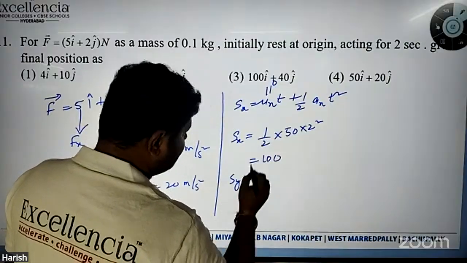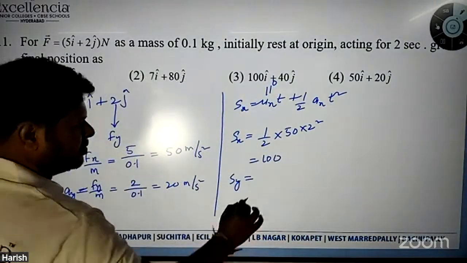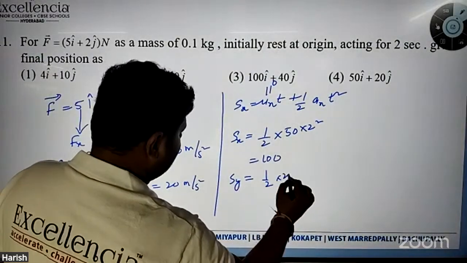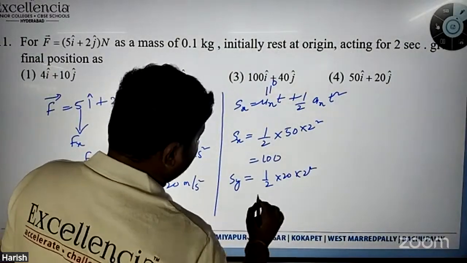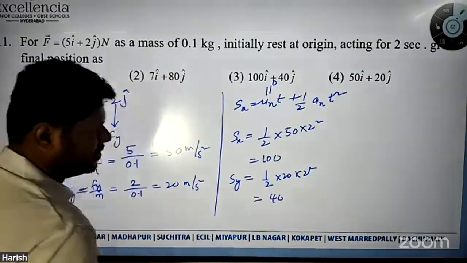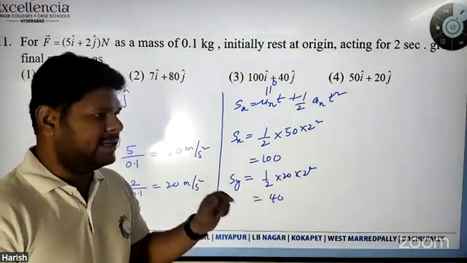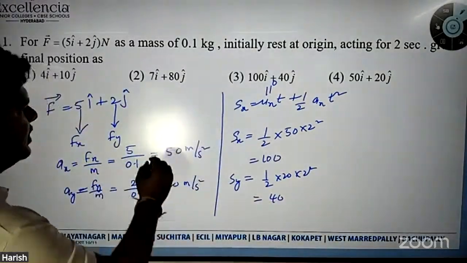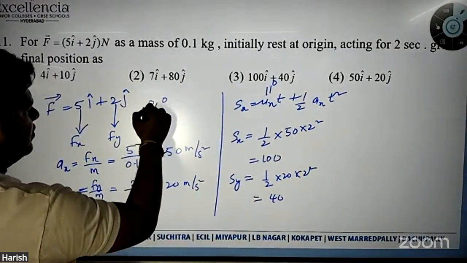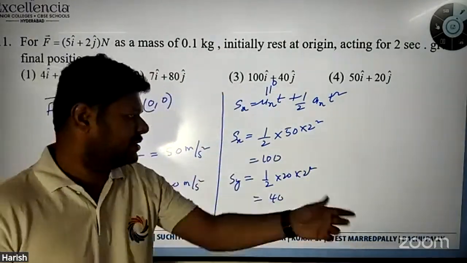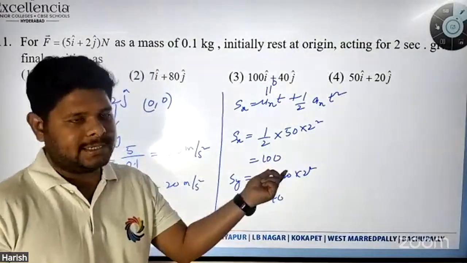And Sy will be similarly, uy is also 0, so it is half into ay, 20, into 2 square, which is 40. So displacement along the x-axis is 100 and along the y-axis is 40. If you look at the initial coordinates, it was at 0, 0. The initial x coordinate is 0 and the displacement is 100, so the new x coordinate will be 100.